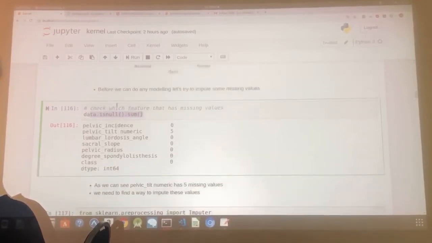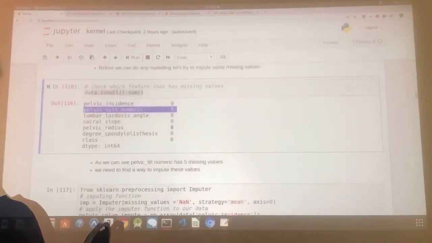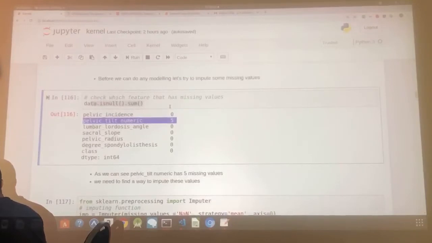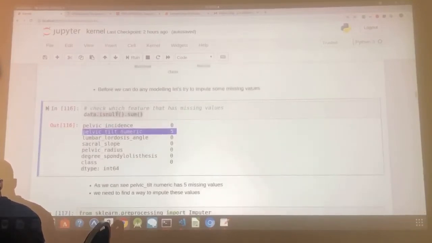Remember, we realized that there were missing values. I made this on purpose, just for the Python practice. In the initial data set, everything was filled, of course. But for the purpose of learning, you can go through the tutorial and the notebook on Kaggle, and you will see that this is 0. So we want to check which features have missing values.